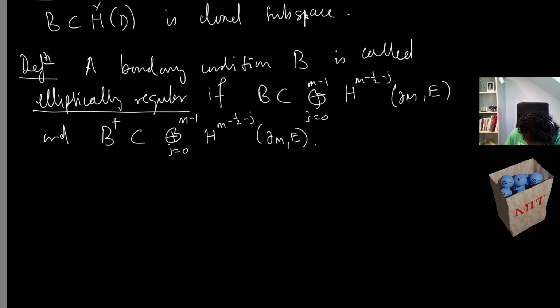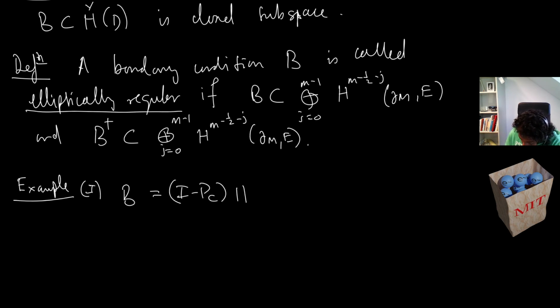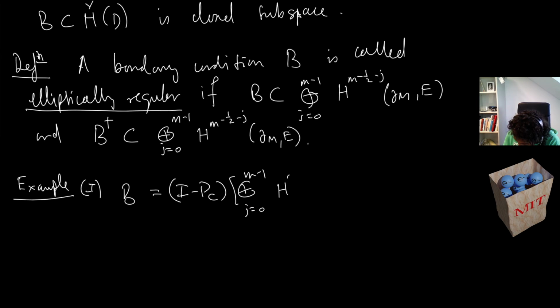So, example and non-example. The Calderon projector gives us two canonical subspaces. So C of D is a closed subspace of H check. Well, maybe I shouldn't write C of D. Let me consider B equal to (1 minus P_C) applied to the sum over j equals 0 to m minus 1 of H^{m-1/2-j}(∂M; E).